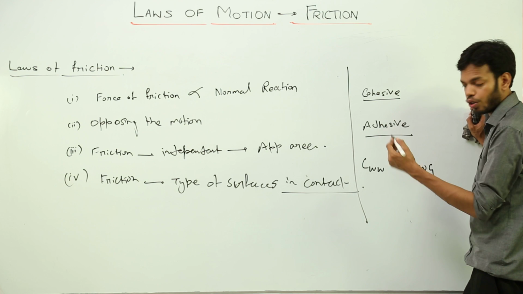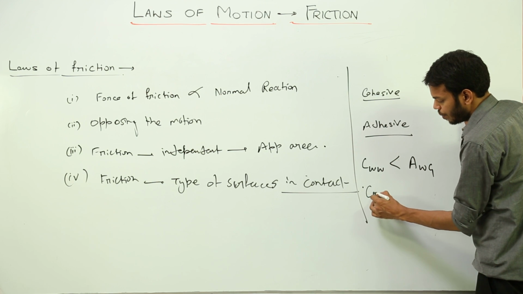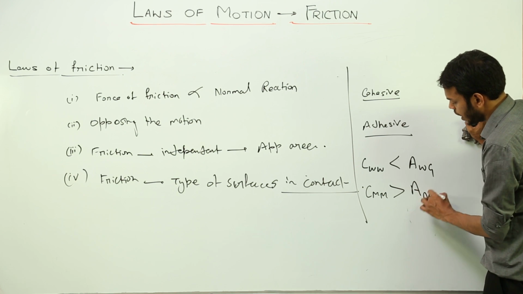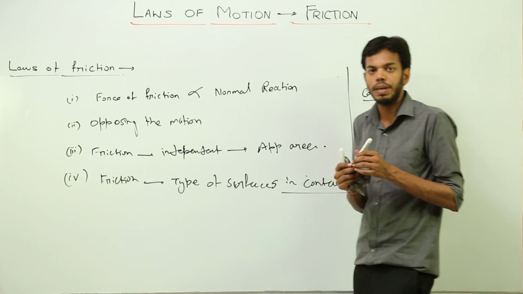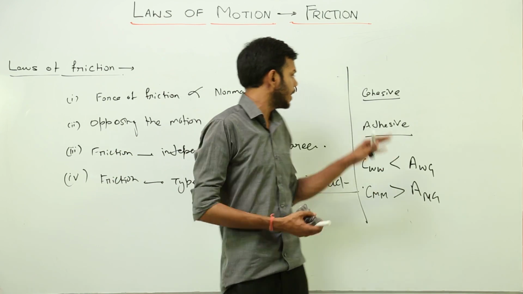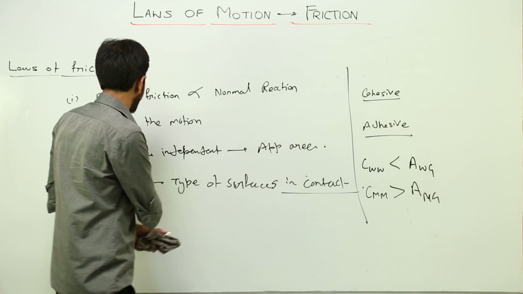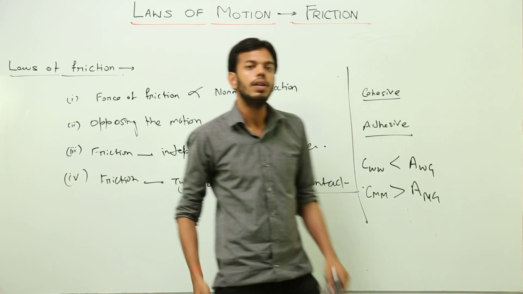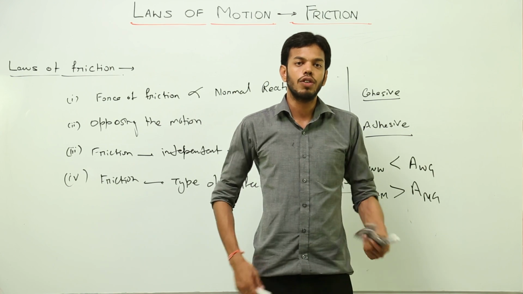But in the case of mercury, the cohesive force between mercury and mercury atoms is way greater than the adhesive force between mercury and glass. That is why mercury completely flows over, or just slides over, the glass surface. This part is somewhere included in this law, that the frictional force also depends on the type or nature of surfaces in contact.